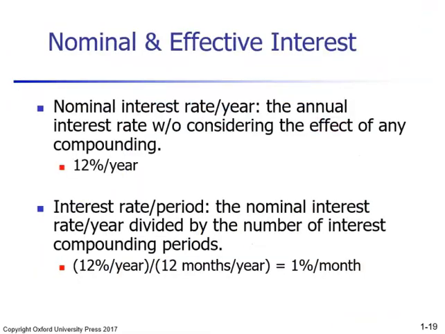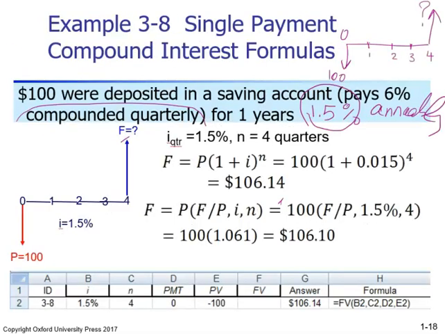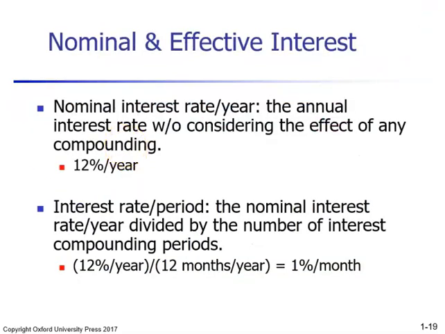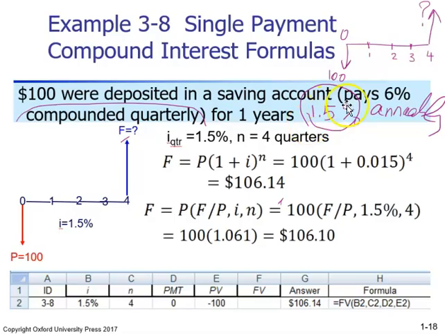Here in this slide, you see the documentation of what we just experienced in the previous one. It's a very simple rule: when they say the interest rate is 6% annually, but they pay compounded quarterly, this 6% is called the nominal interest.